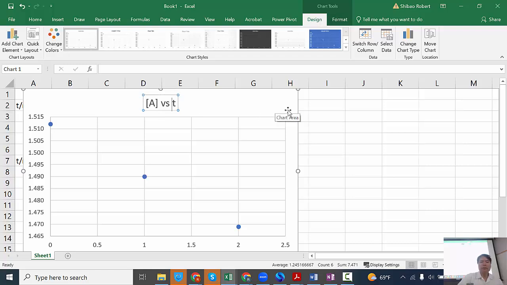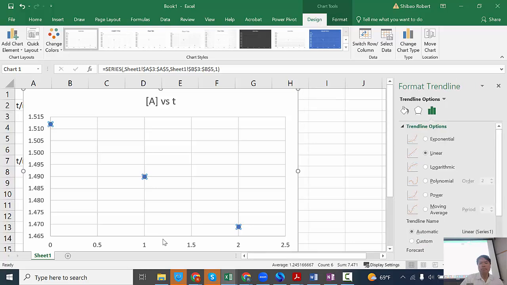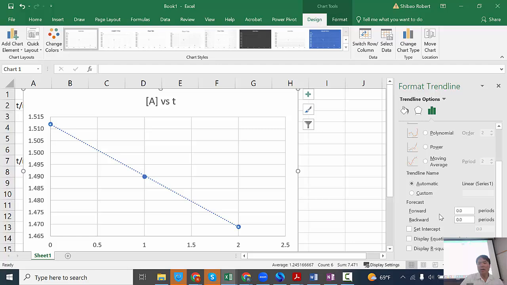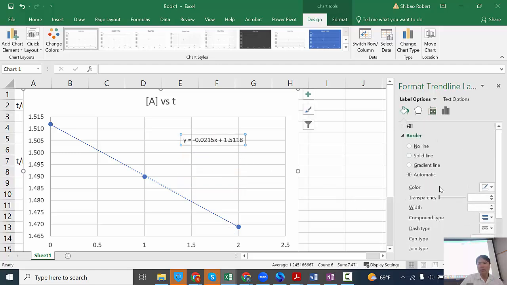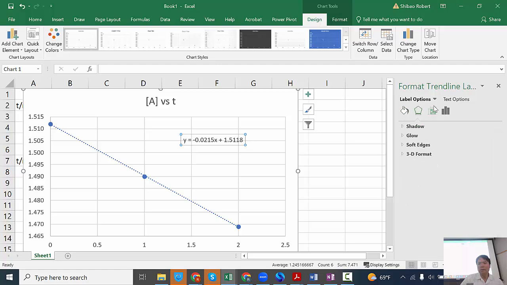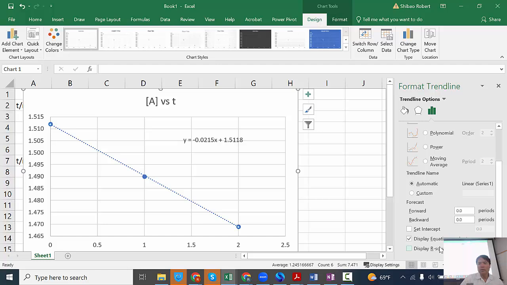And to see how linear this is we're going to insert a trend line. So I select a piece of data, right-click on that, and then add trend line. And then I want to do a linear trend line. When I do a linear trend line, I want to display the equation on the chart. So this is my equation there. And I want to display the R squared value.